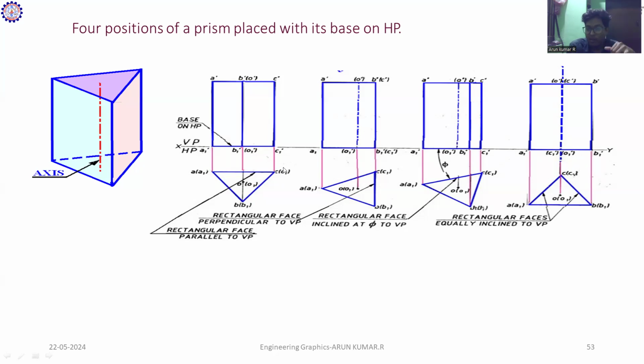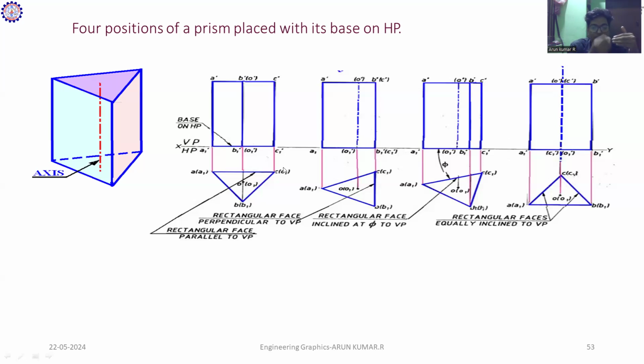Once you consider the top view of the triangular prism, the base is parallel to HP and the rectangular face is parallel to VP. That is the condition to construct the shape. After constructing and naming, you have already drawn the reference line, maintaining a gap of 10 mm, as we already saw.